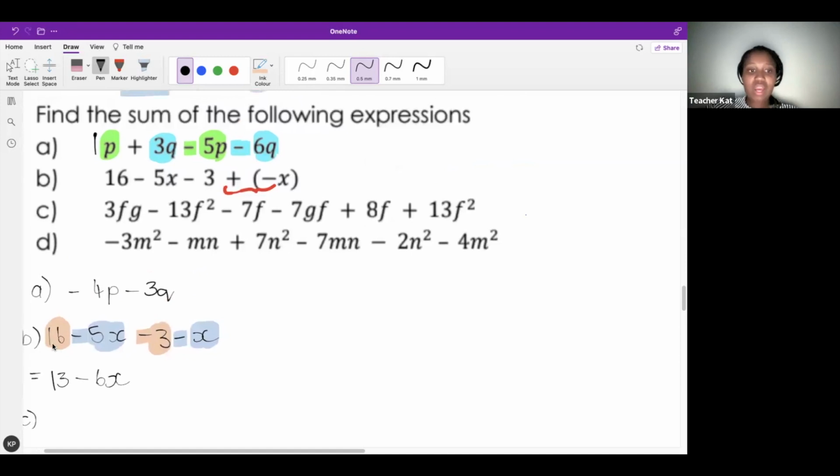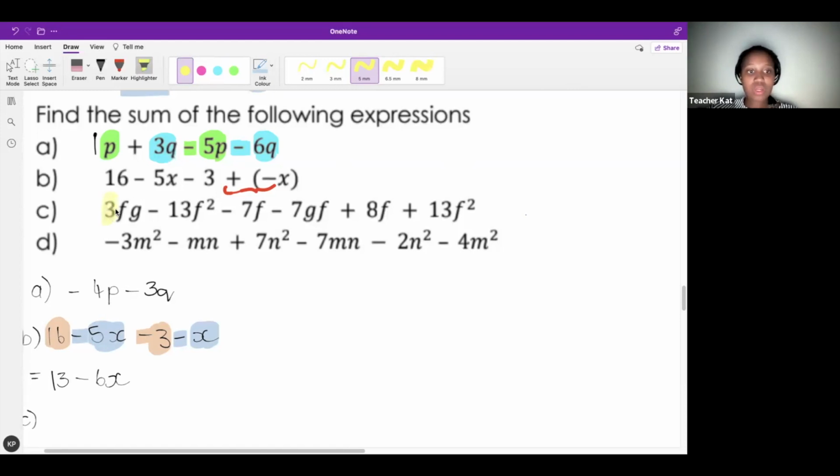Okay, let's identify like terms. Which ones have the same variables and exponents for C? Variables and exponents. 3 and negative 7.